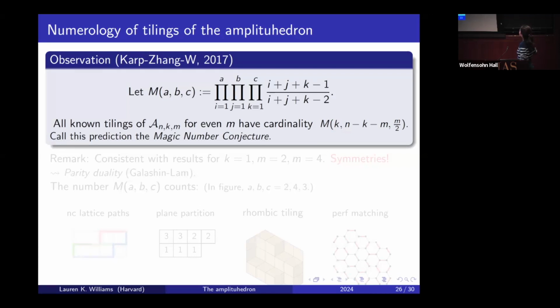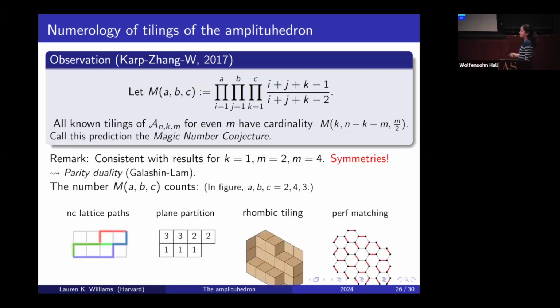So the prediction would suggest a symmetry in k, n minus k minus m, and m over 2. I'll just mention that the symmetry between k and n minus k minus m is something called parity duality, which was discovered by physicists and then proved by Pasha and Thomas. That's the symmetry between the first two numbers.